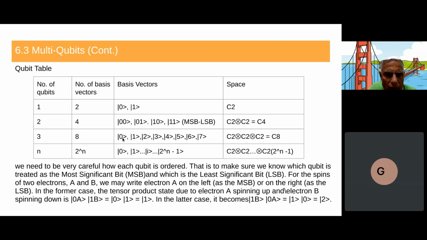So what we are talking about here is the MS bit and LS bit. Spin up and down is a combination.